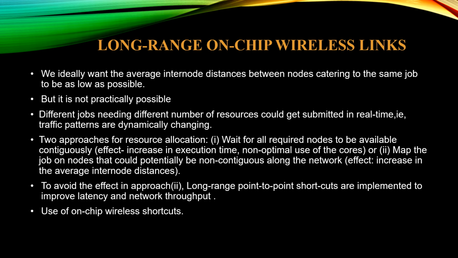But there are also some other problems with implementing these shortcut links. That is, there may be disadvantages associated with the long wires and also the transmission delay if we are using the metal wires. So these drawbacks can be avoided if we use on-chip wireless shortcuts.